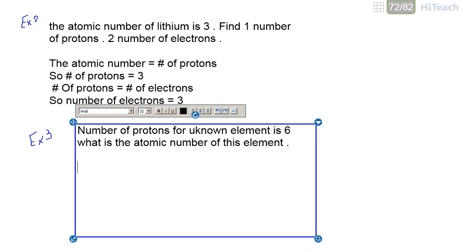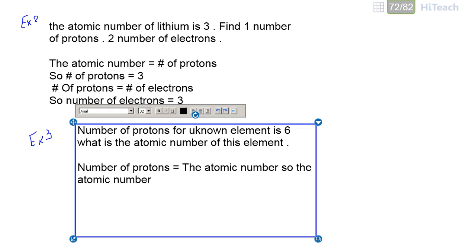You have to know now how to solve it. Example number 3. The number of protons represents the atomic number, right? So the atomic number is 6 for this element. What about the number of electrons? Also 6.